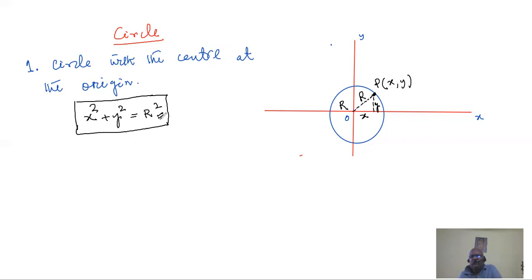Okay, then we go to the second type of circle, those circles whose center is not at the origin. Finding their equations also is not so difficult. But first of all, let us clear all those things.